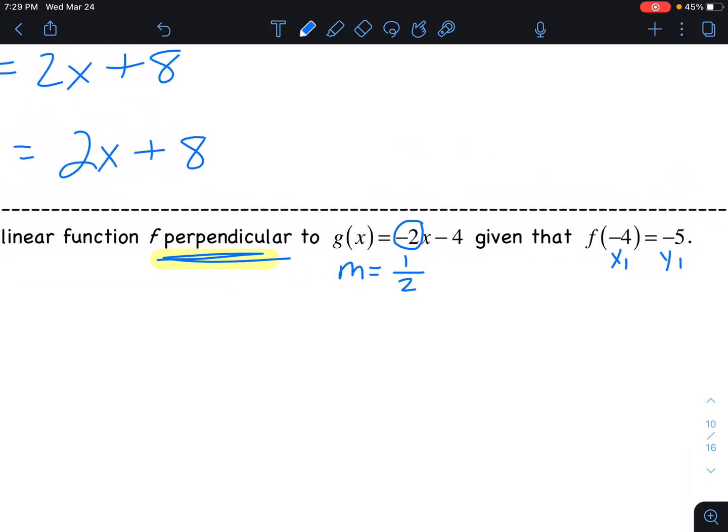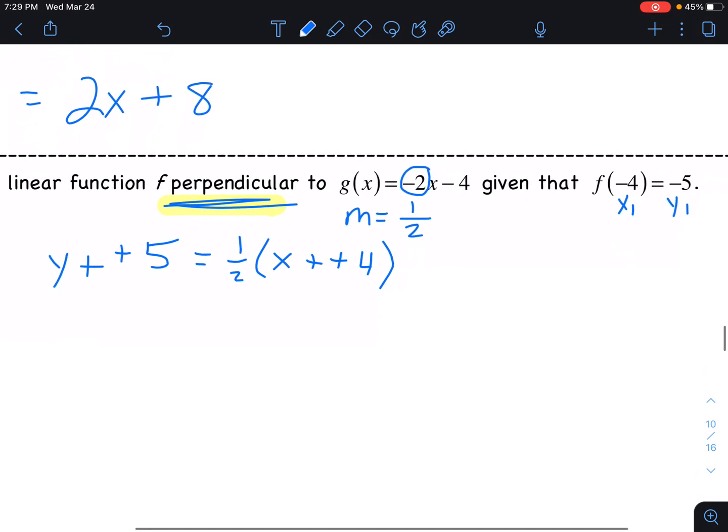So now we're going to go to our point slope formula. Y minus y1. Let's change those double negatives to a plus. Equals m, parentheses, x minus x1. Let's also change those double negatives to a plus. And now we're going to convert to slope-intercept. We're going to get rid of the parentheses and distribute the 1/2.